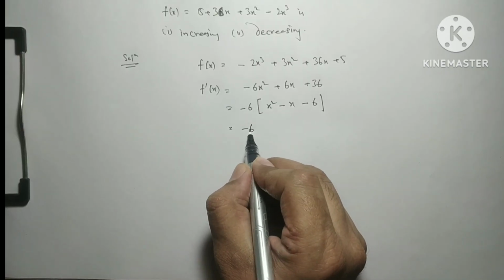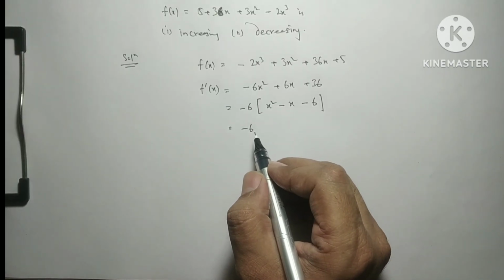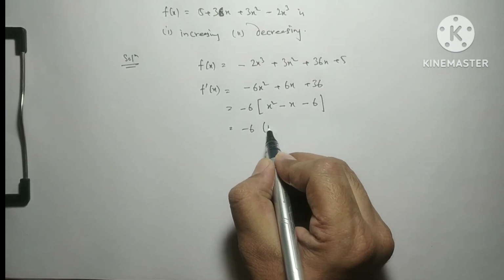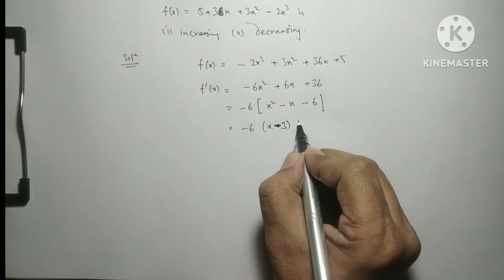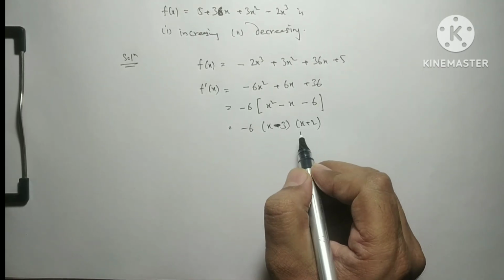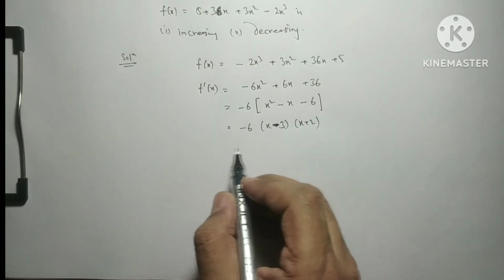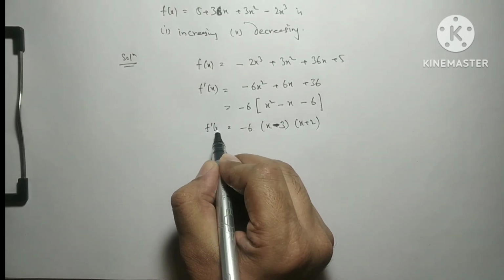Then the factors are x minus 3 into x plus 2.